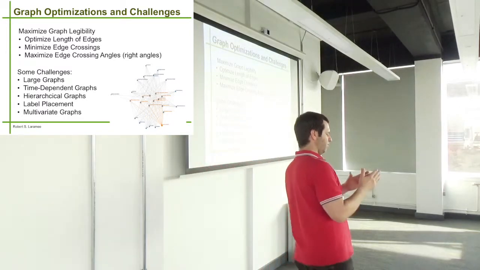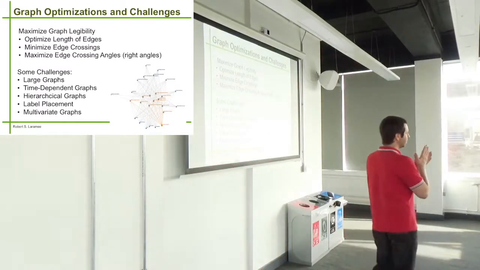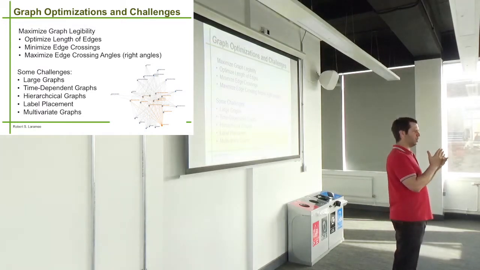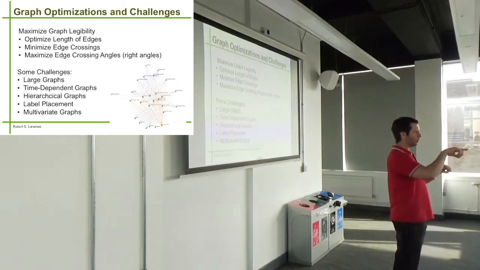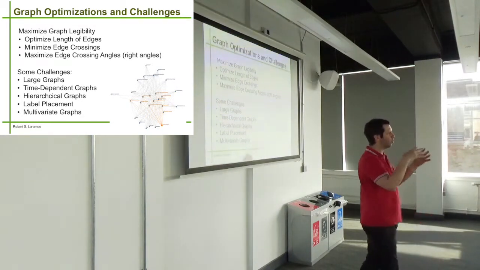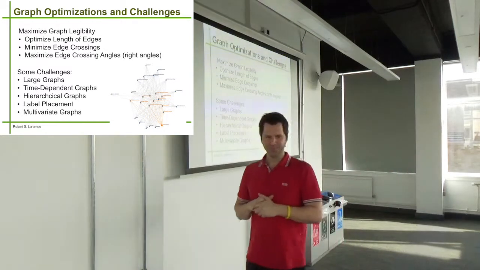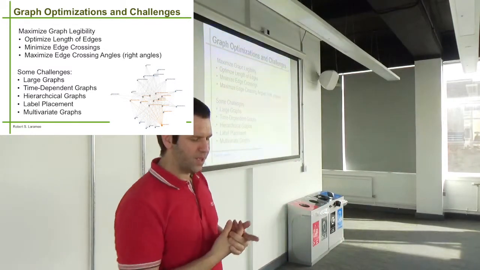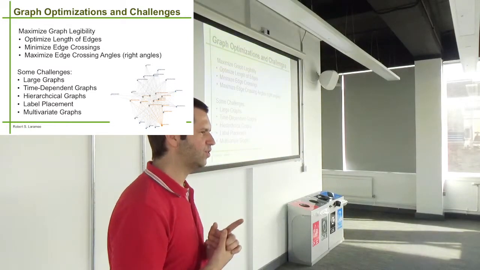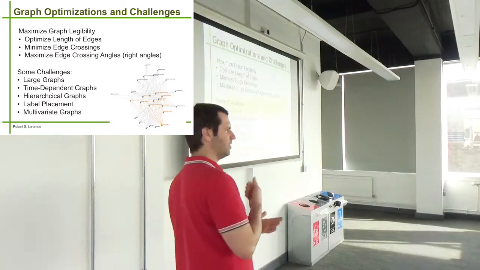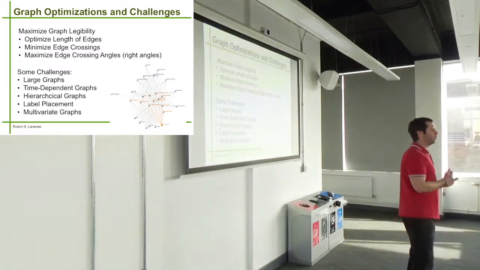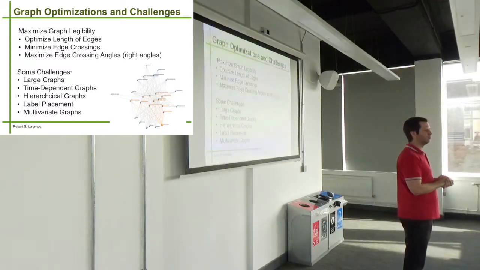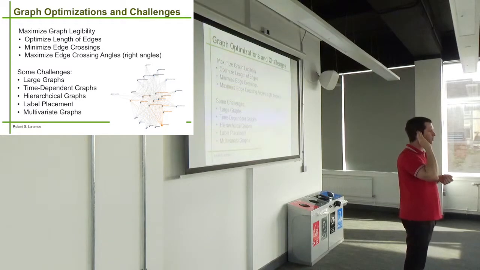If you have lots of edges crossing, it's also very difficult to read and interpret. If there are too many edge crossings, you can no longer follow the connections between edges because they will overlap. And then, when you do have edge crossings, you want to maximize the edge crossing angles. So what's the maximum angle you could have between two edges? 90, yeah.